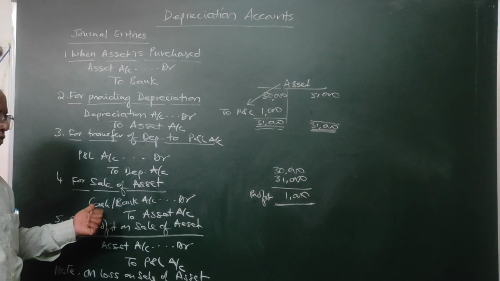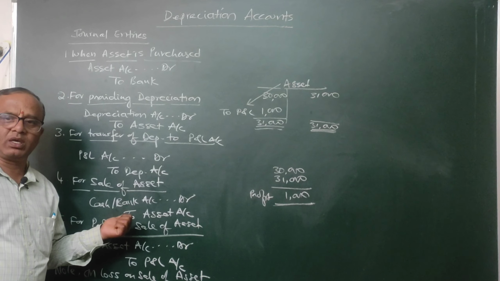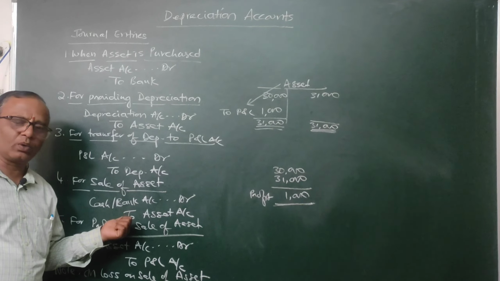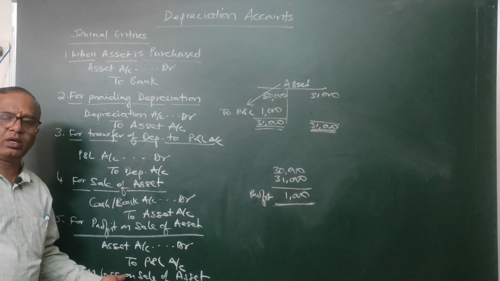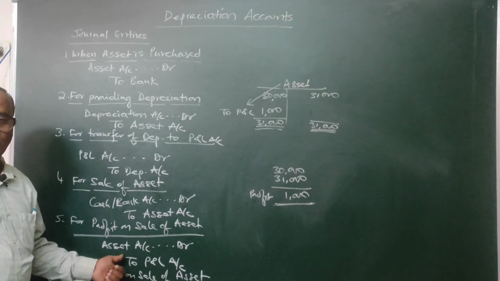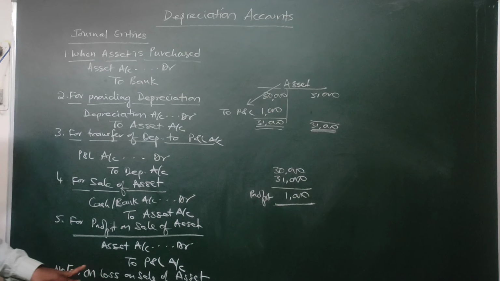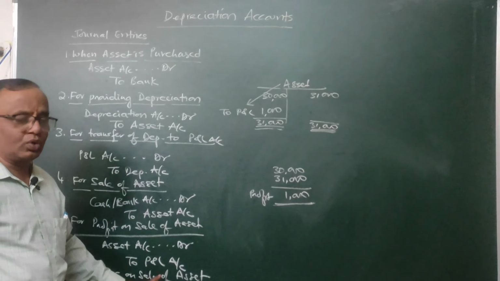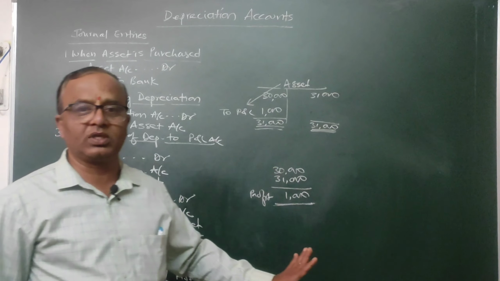Then again, if you have sold the asset, you will receive the money, so cash or bank account debtor to asset account. If you have made a profit on sale, your entry will be asset account debtor to profit and loss account. If you have made a loss, this entry you are going to reverse. At that time your entry will be profit and loss account debtor to asset account. So normally these are the entries which you will come across in this chapter.